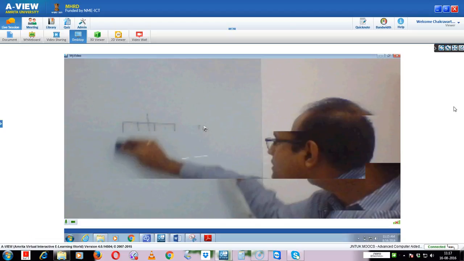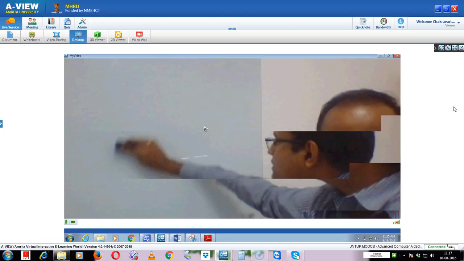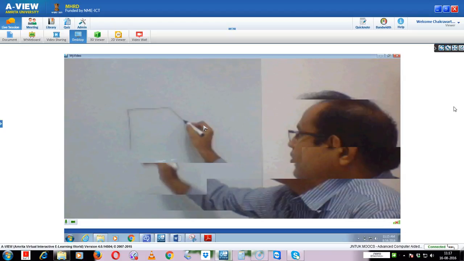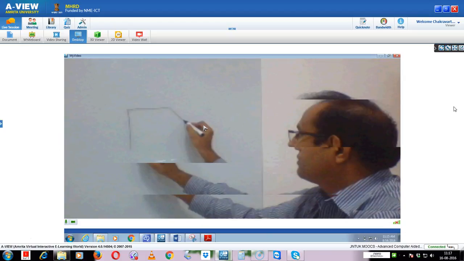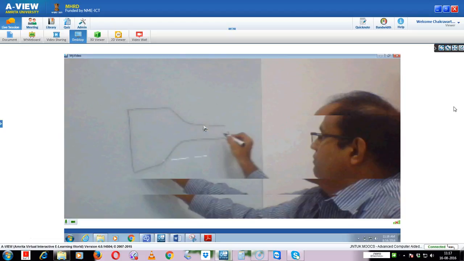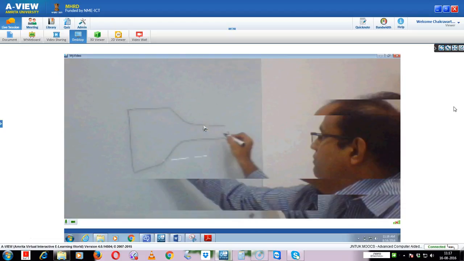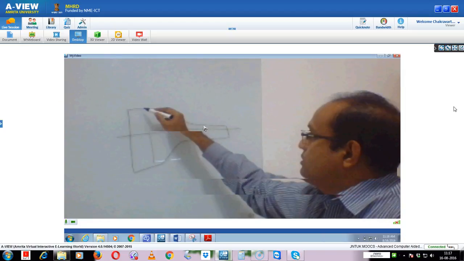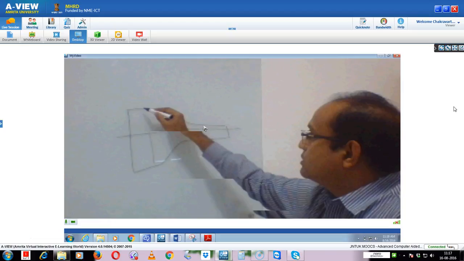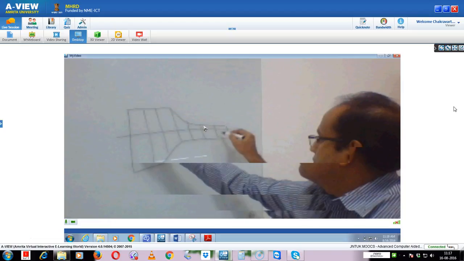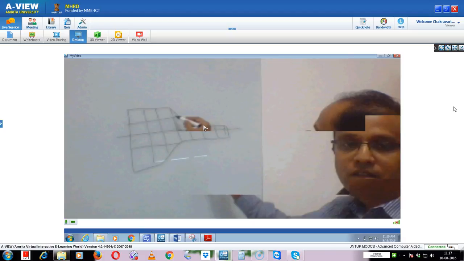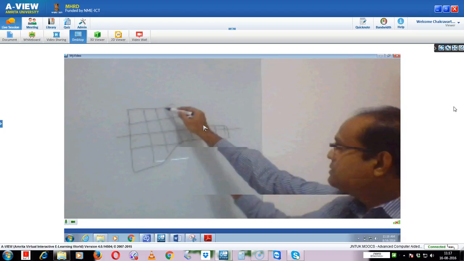Similarly, let us take another example. If I try to mesh this geometry, it is a very coarse mesh. So getting convergence with this mesh is very tough.